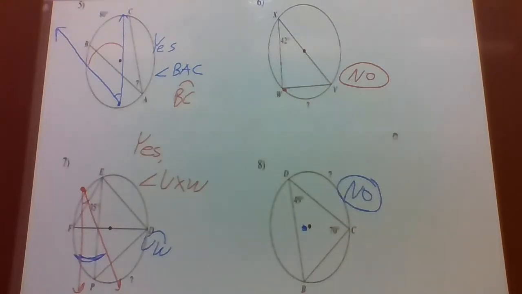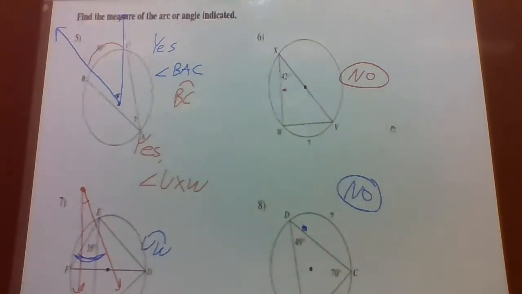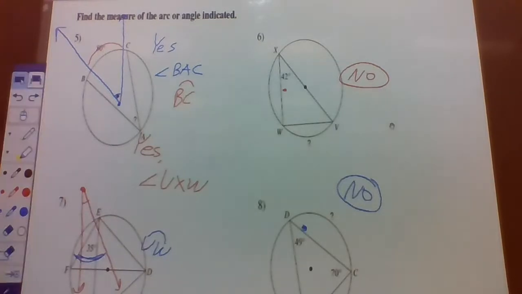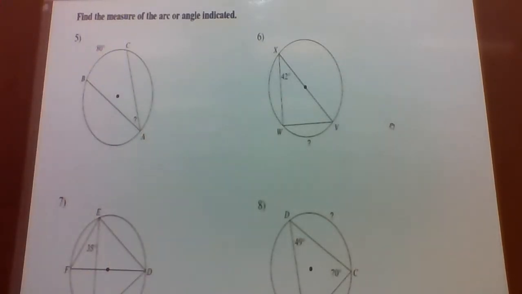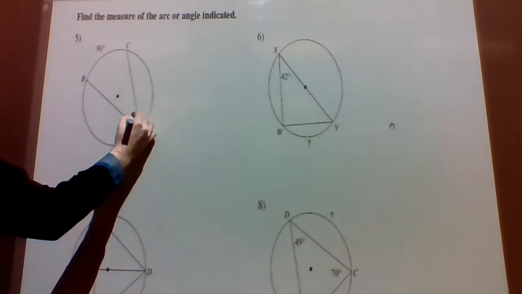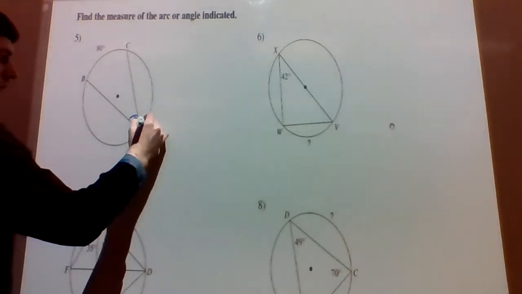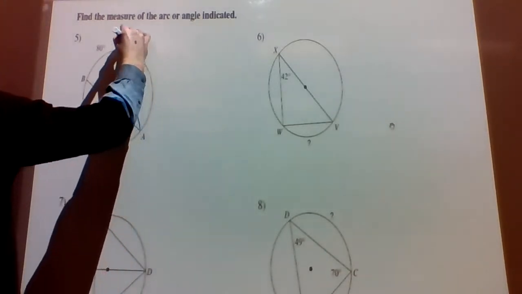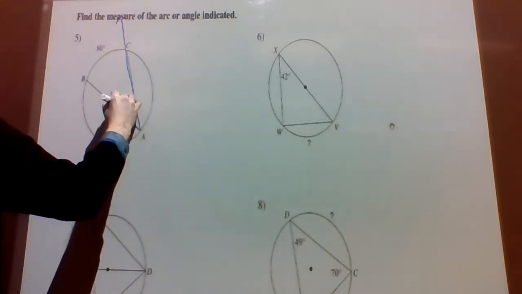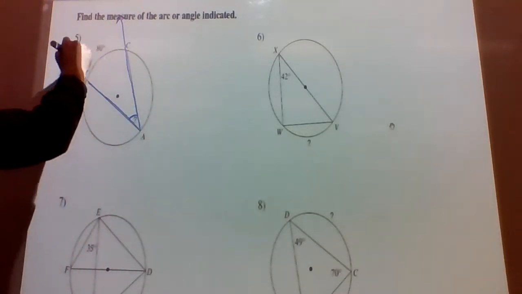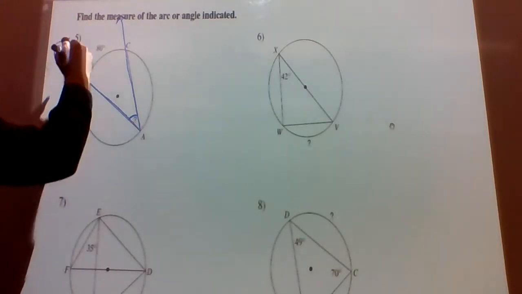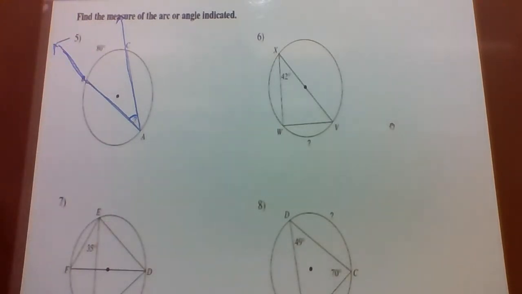Okay, 5. Well, let's do 2 at a time. Okay, 5 and 6. We want to find the measure of the arc or angle indicated. So in number 5, we are looking for this angle down here, angle A. So that's our angle.